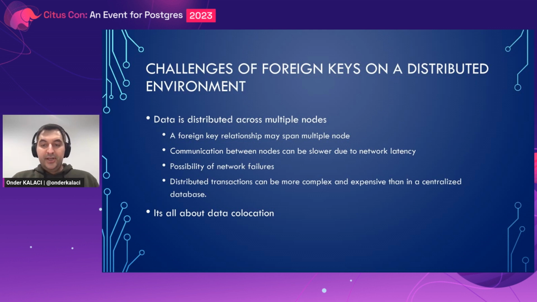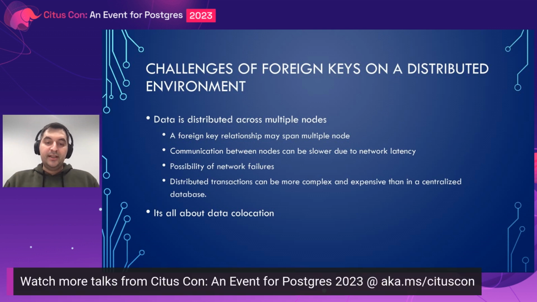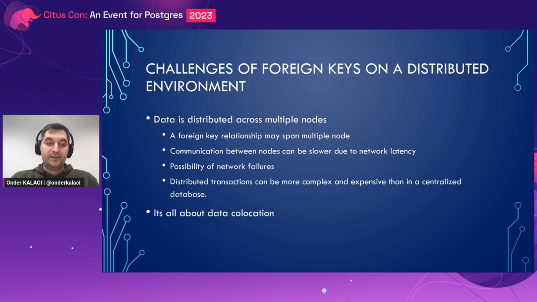And whenever the network is in the picture, there's always the possibility of network failures. On top of that, foreign keys are tightly related to transactions, and distributed transactions can be more complex and more expensive to coordinate than in a centralized database like single node Postgres.